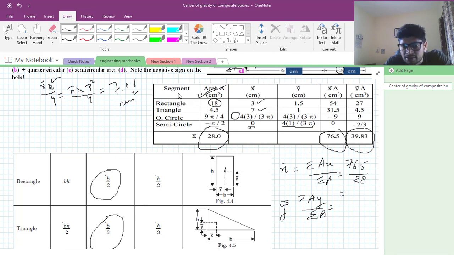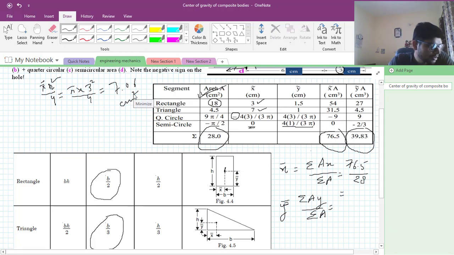Let me calculate. So it will become 2.73 centimeter, and when we calculate y bar, summation of ay is 39.83 divided by 28, so it will become 1.42 centimeter.